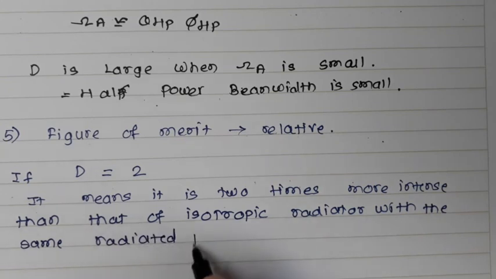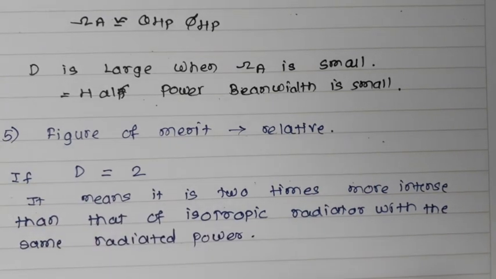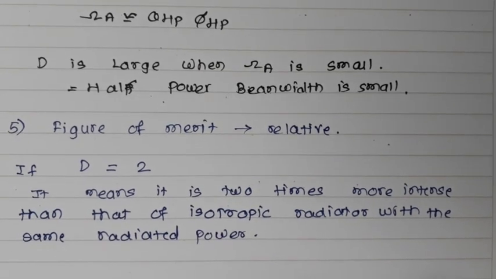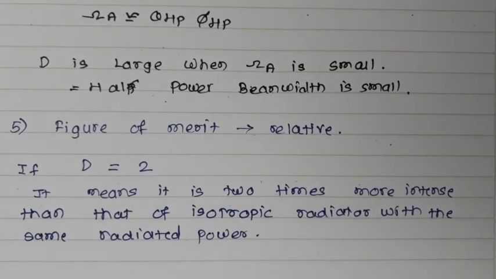This is the meaning of relative figure of merit, and it is relative to the isotropic radiator. So this is all about the directivity.